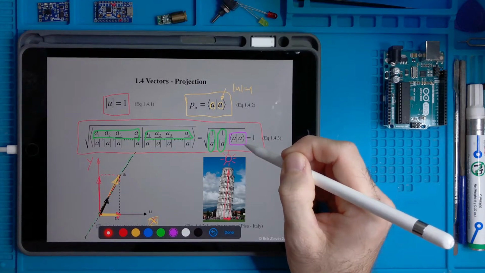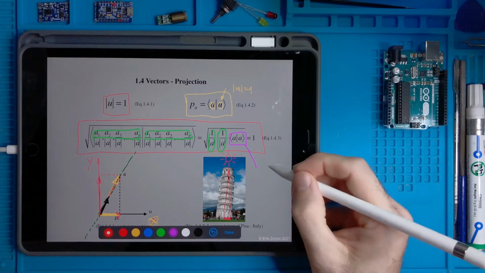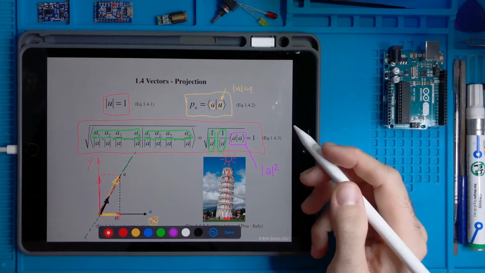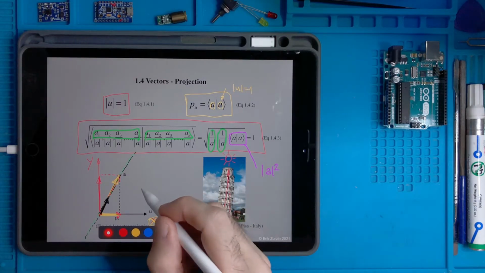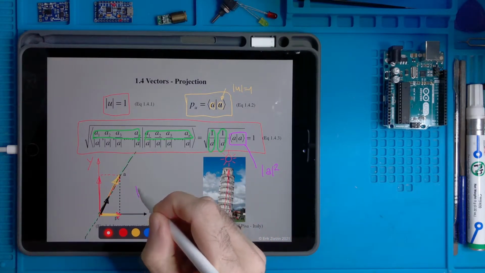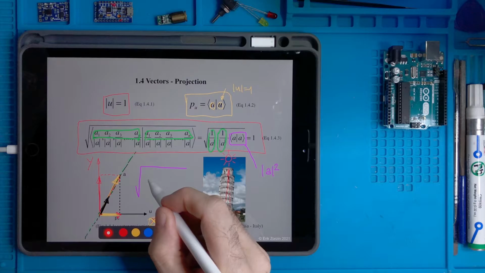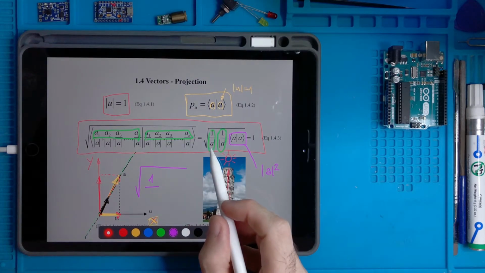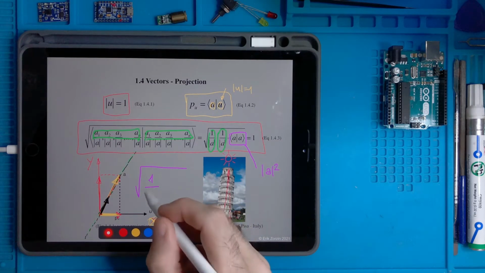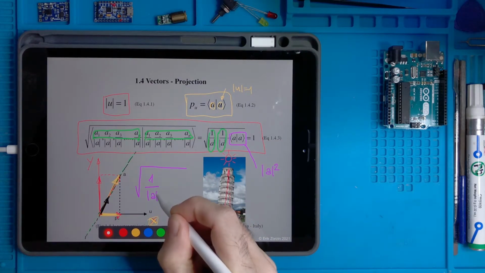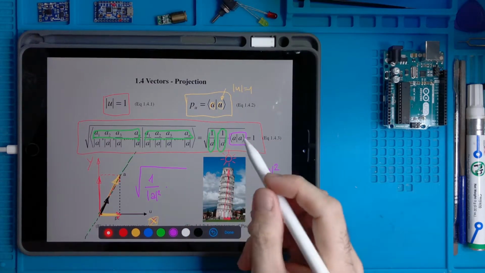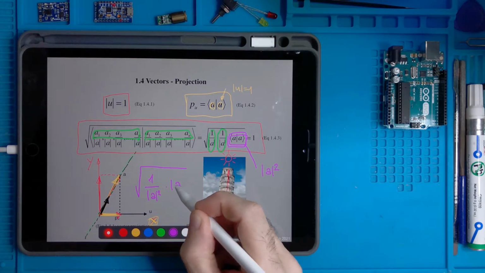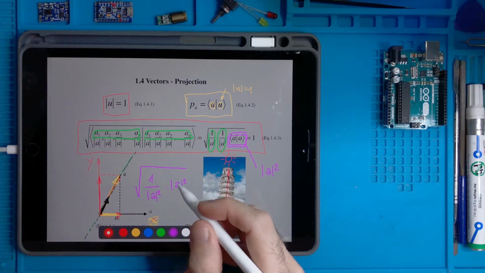But this by definition is exactly a square, and I write here the square root of 1 over magnitude of a multiplied by magnitude of a, so a square, multiplied by this thing, which by definition is a square.